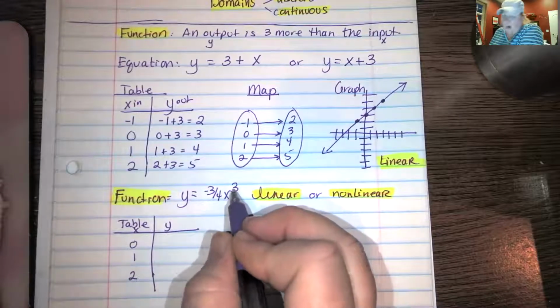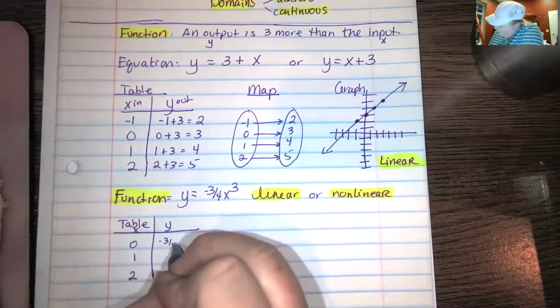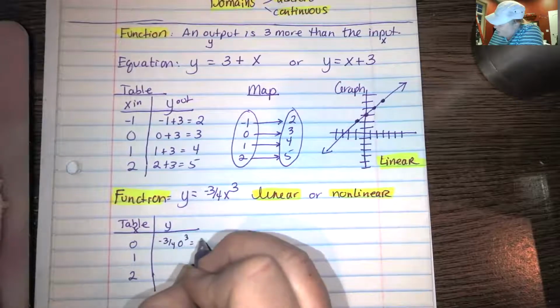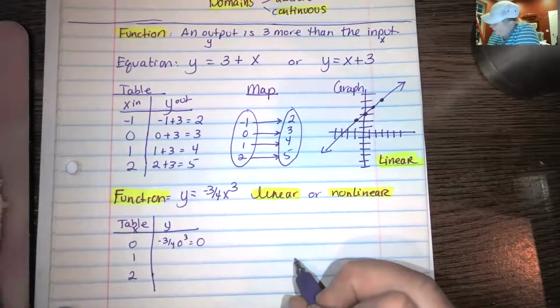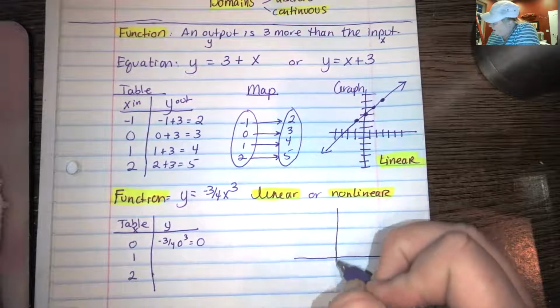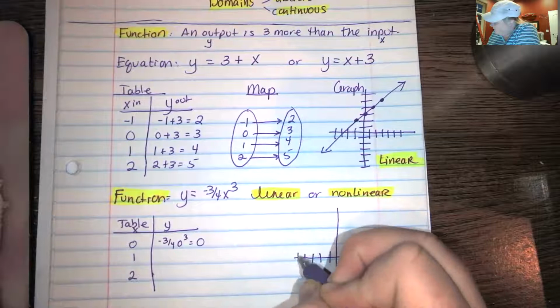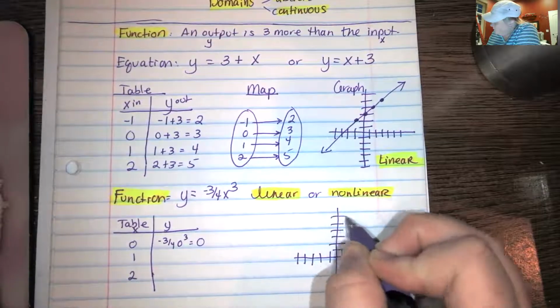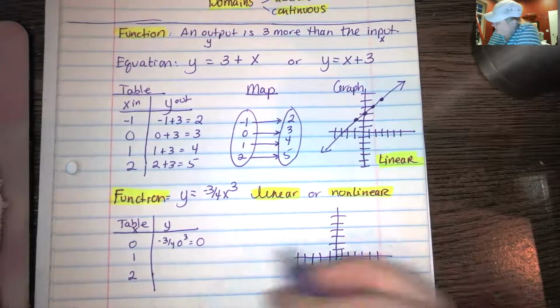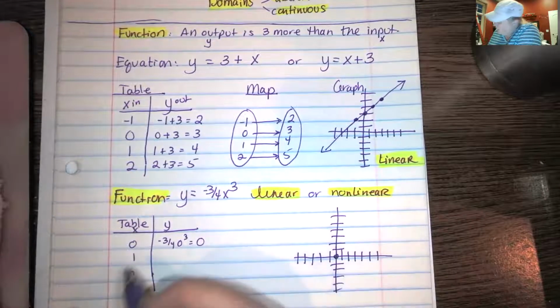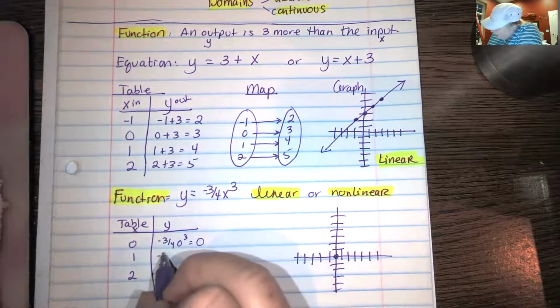So let's see, 0, that would be -3/4, 0 cubed. Well, that's just 0. Okay, and I'm also going to come over here and I want to draw a graph. So I want to see what this looks like. Okay, so 0, 0.